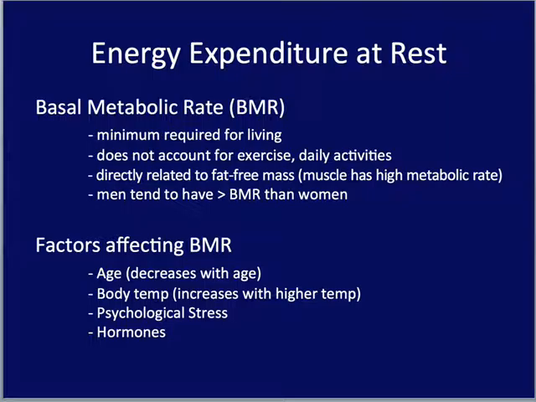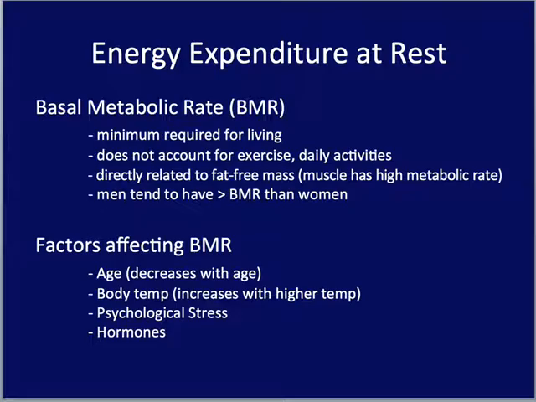So then some factors affecting BMR: not only gender, I mean not always. If you have maybe a female bodybuilder and a male individual that is kind of weak, if you will, that female is probably going to have a higher BMR.